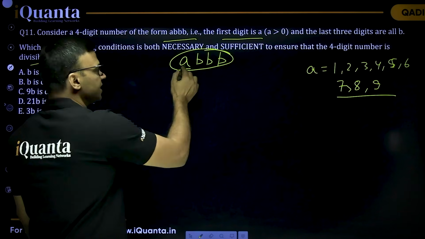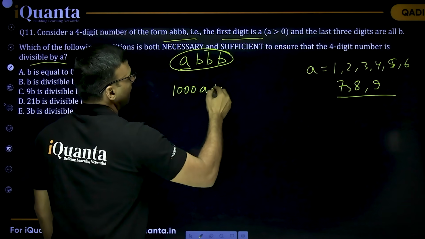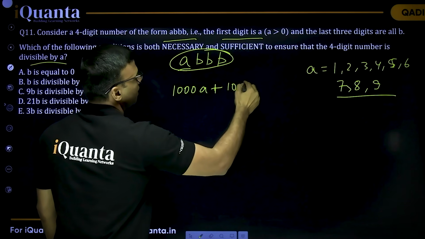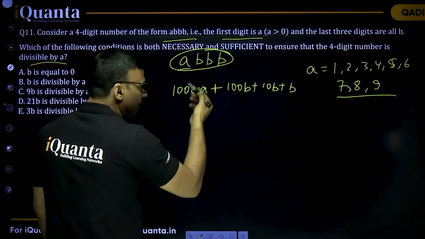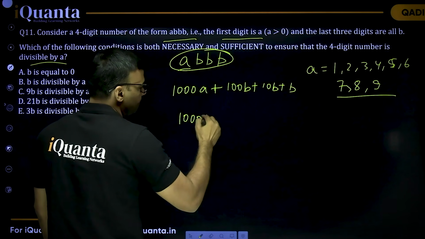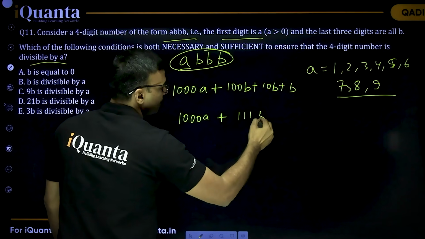Now look at this number. This number is actually equal to 1000A plus 100B plus 10B plus B. Now eventually you could have directly taken it as 1000A plus 111B. Now look at this closely.